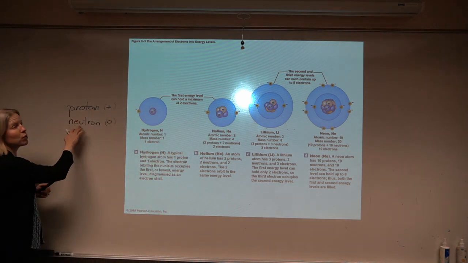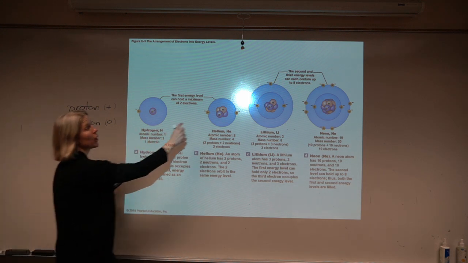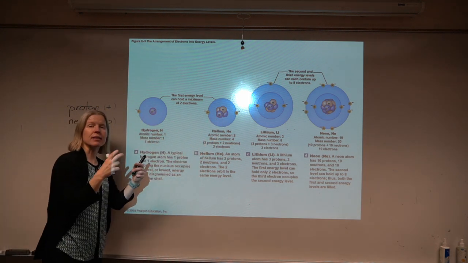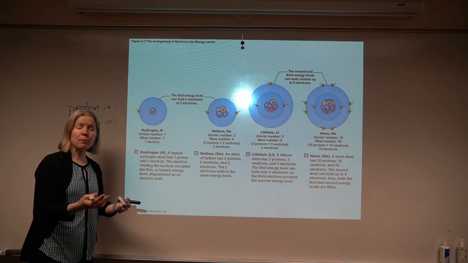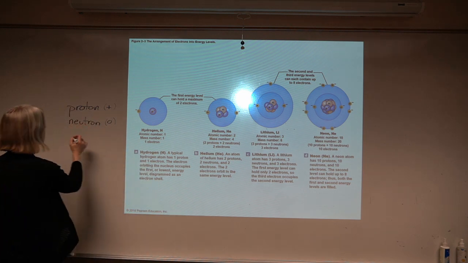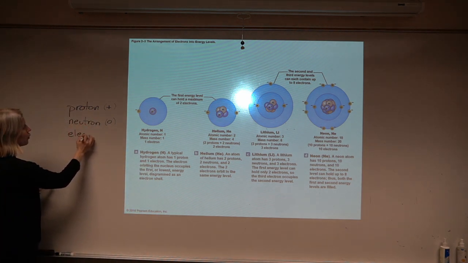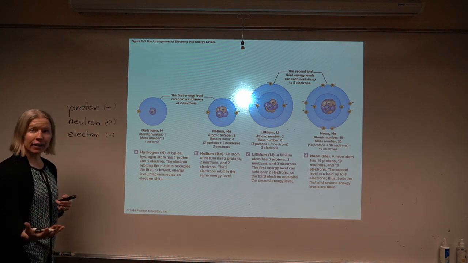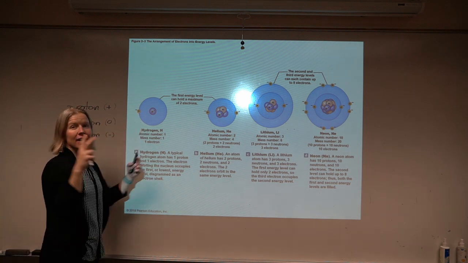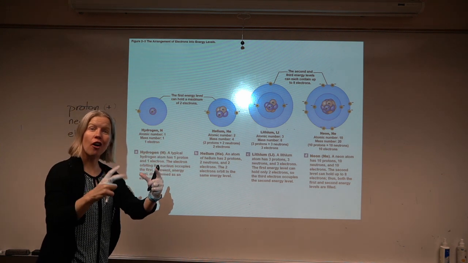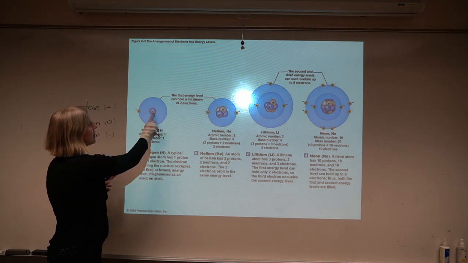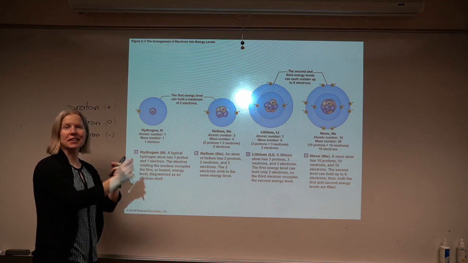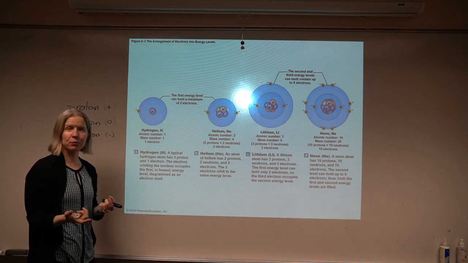Now both the proton and the neutron are located in the nucleus, in the center of this atom, and then they're orbited by electrons. And electrons have a negative charge. The reason an electron actually stays on this atom is that it is attracted to that oppositely charged proton, okay?